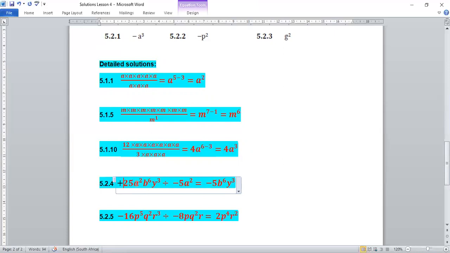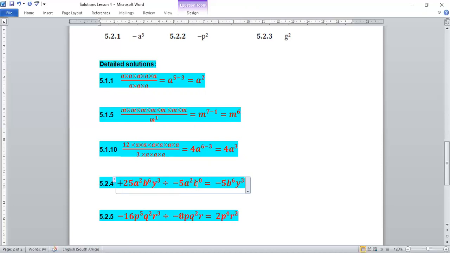Here's an a here. Here's an a here. Because they are equal in value, anything divided by itself is 1. So a squared divided by a squared is 1. b to the exponent 6 divided by b. What we could do here is make it like this, b to the exponent 0.